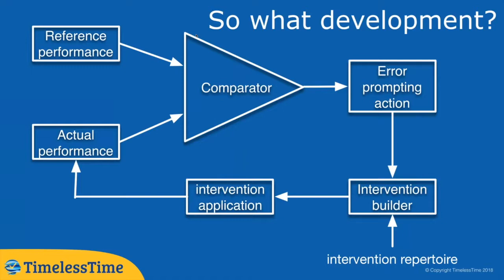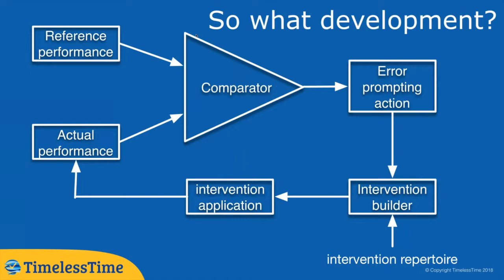We want the reference performance. That's what we'll be happy if we get. The person is going to give us actual performance. Now, if the actual performance is equal to the reference performance, we're going to be happy. Of course, if the actual performance is above the reference performance, we're even more happy. But in principle, we're happy if the actual performance is higher than the reference performance.